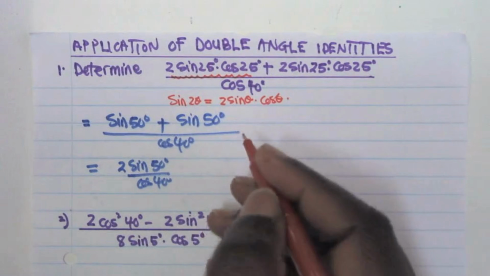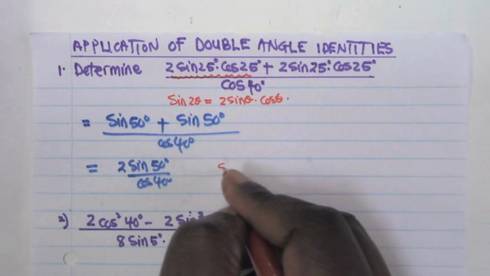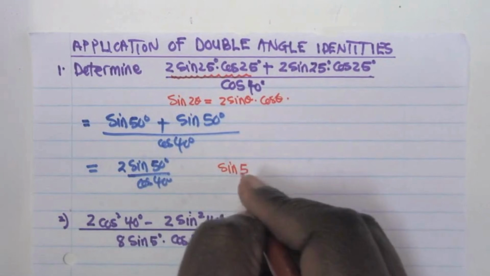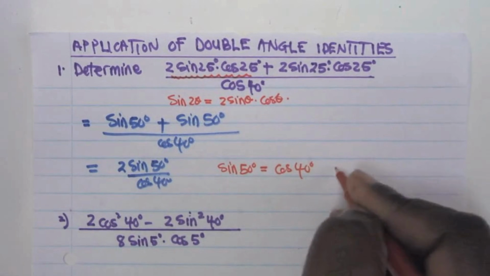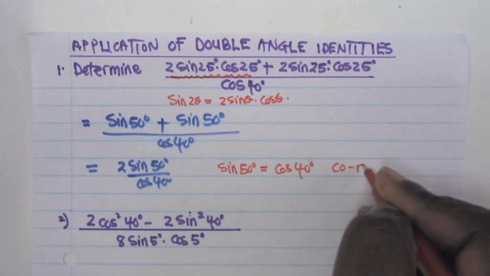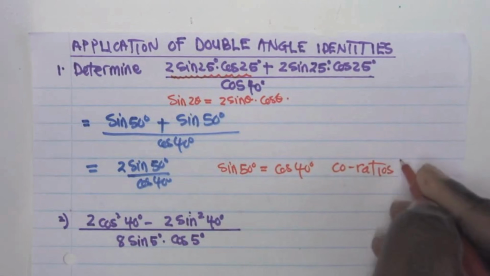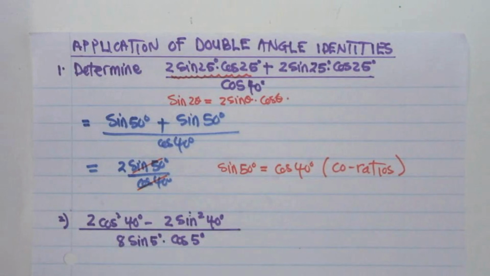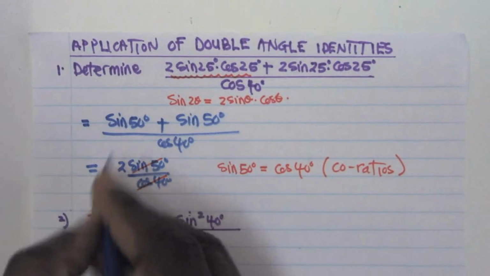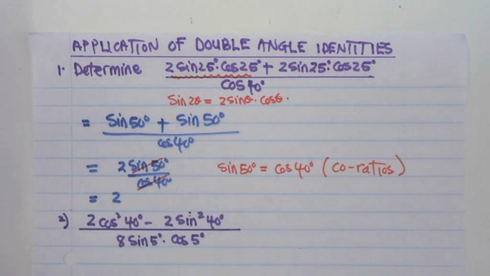But using co-ratios, we can see that sine 50 degrees is equal to cos of 40 degrees. And here we are using co-ratios. So this part is going to cancel out, and my final answer is going to be 2.